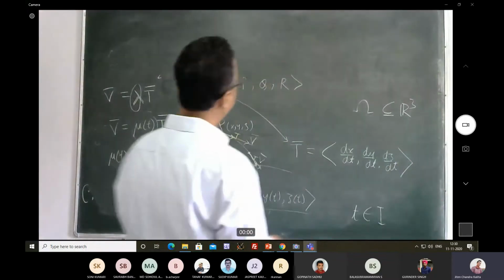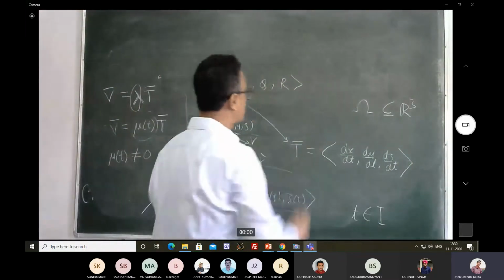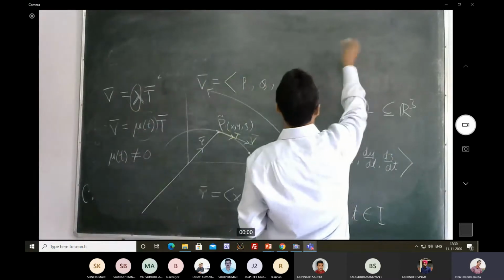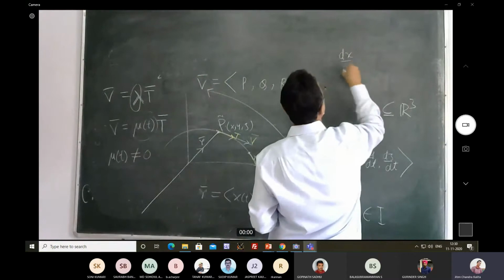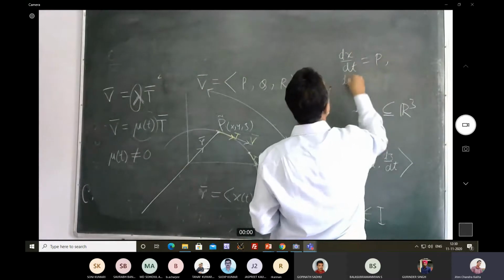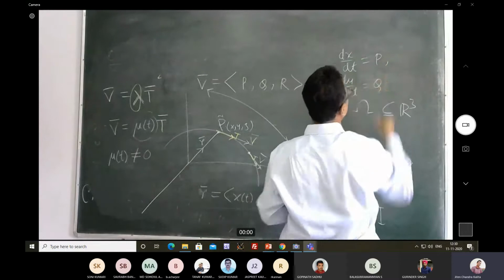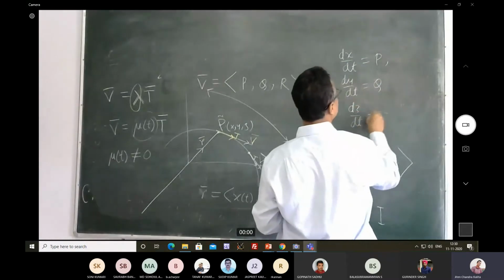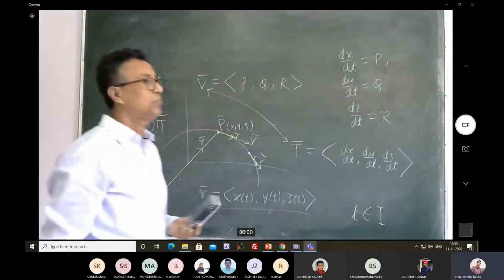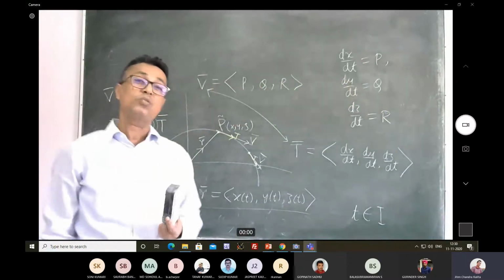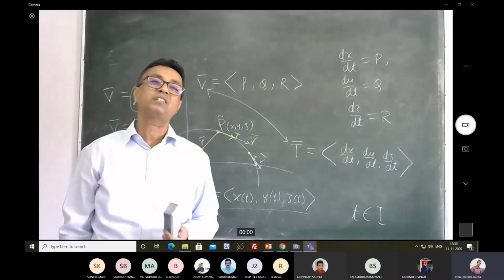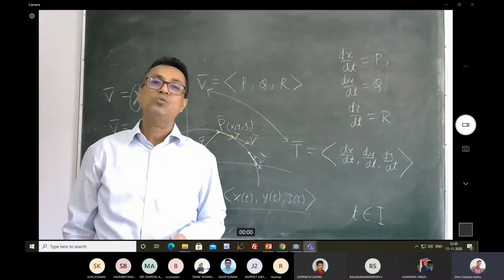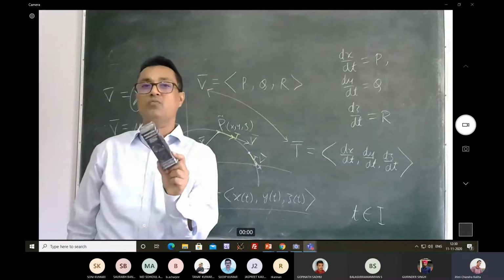In this book, they have simply straightforwardly said that there is a relationship between this V and the tangent, and that is given by dx/dt equal to P, dy/dt equal to Q, and dz/dt equal to R. But when you are going to visualize the tangent and the vector V, you should not think that they are both going to be equal.